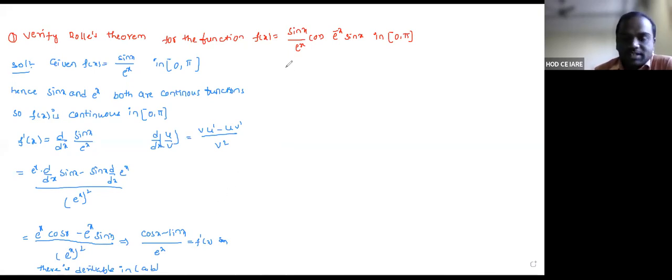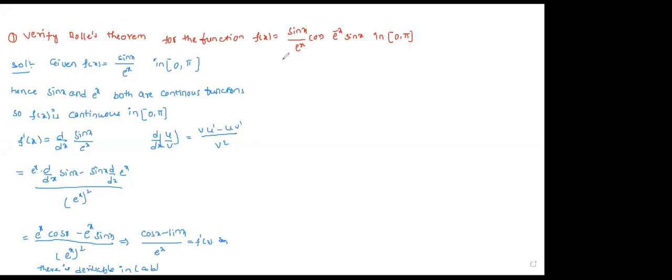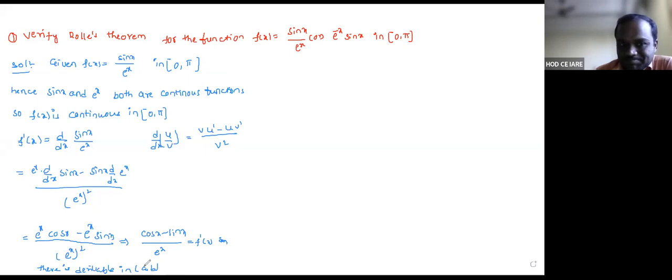So now the third condition, in 0 comma pi. f of 0 is equal to sine 0 by e power of 0.